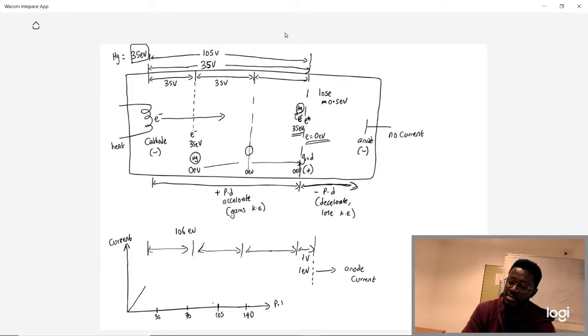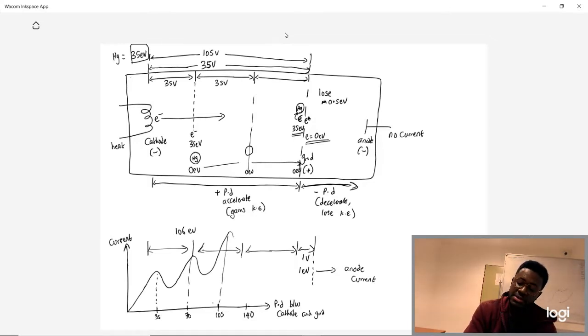Potential difference. What potential difference? Between the cathode and the grid. Exactly, potential difference between the cathode and grid. So at every multiple of 35, this current is going to drop almost to zero. You understand, right? That's how it goes.